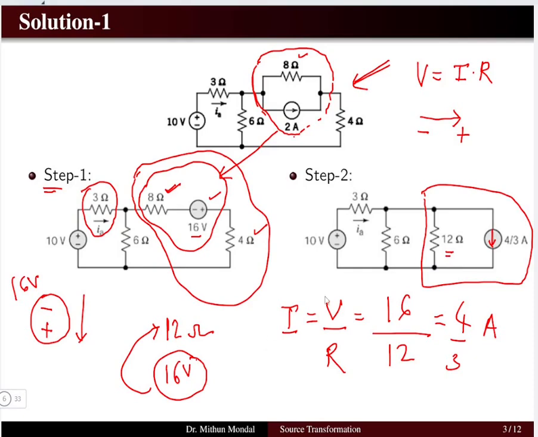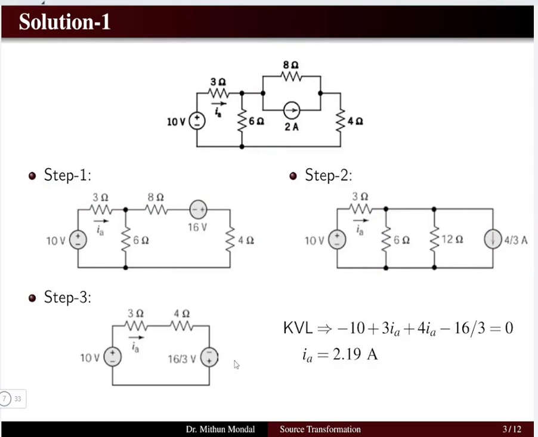Now if we observe this circuit which is obtained from the step 2, I find that the 6 ohm and 12 ohm resistor is in parallel with the current source of 4 by 3 ampere. So I will reduce this circuit from step 2 to step 3, where what I will be doing is that I will take the parallel combination of these two resistors.